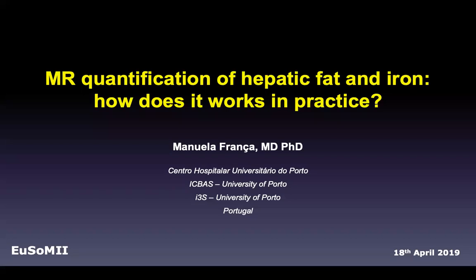If we use ROIs, we must take several ROIs, because we see that fat and iron are very heterogeneous in the distribution. But if we have a tool with automatic segmentation, well, perfect. And of course, I prefer to look at the parametric maps, because I can see the distribution of fat and iron instead of doing ROIs.